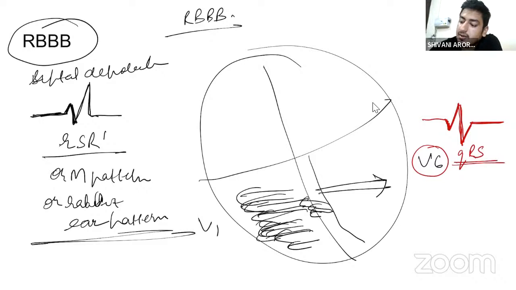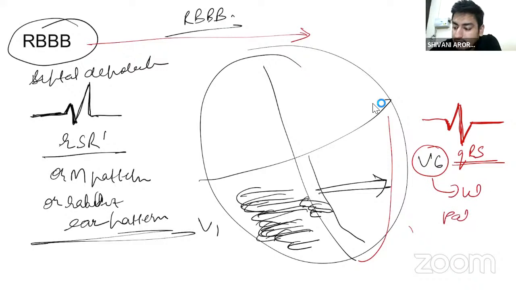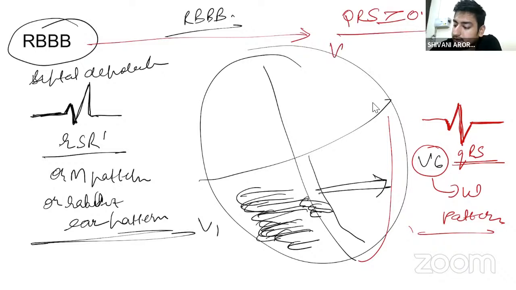So in RBBB, first of all, the QRS duration would be more than or equal to 0.12 seconds. That is, it would be a broad QRS. And we have this M pattern or RSR dash pattern in V1, and we have this W pattern or QRS pattern in V6.